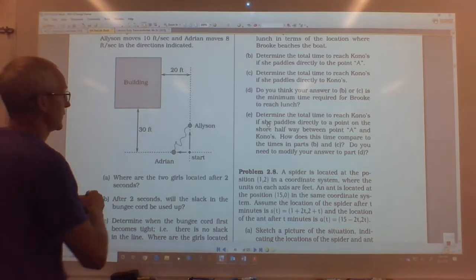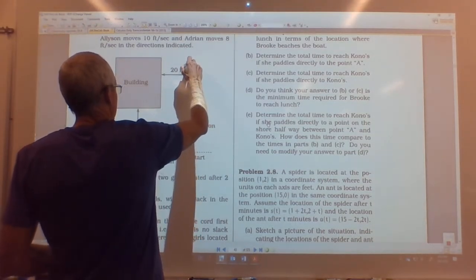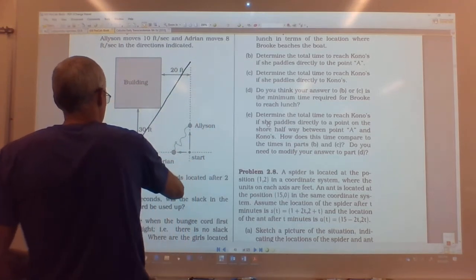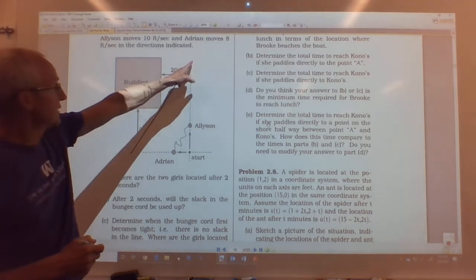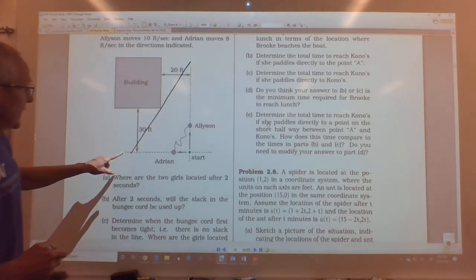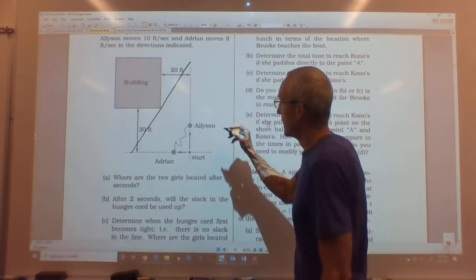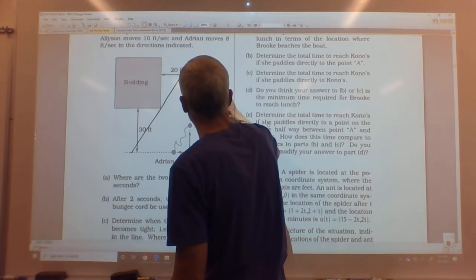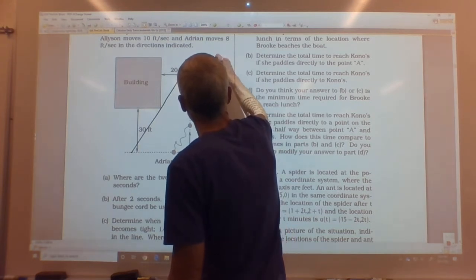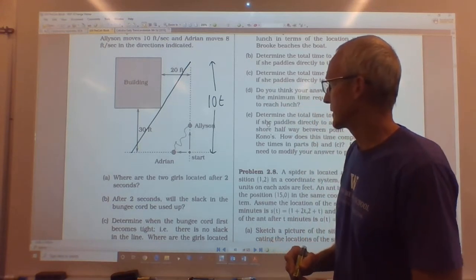So we want to know when it looks something like, I don't know, something like this, because we know Allison's going faster, 10t, and Adrian's going slower, so this side is bigger. So I'm trying to do it to scale. This distance here is 10t all the way, right? That's how far Allison goes.